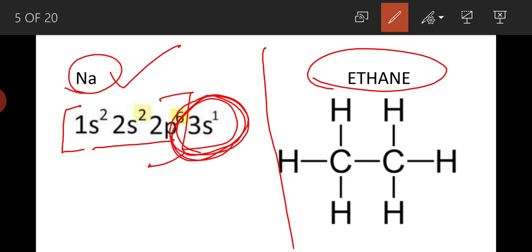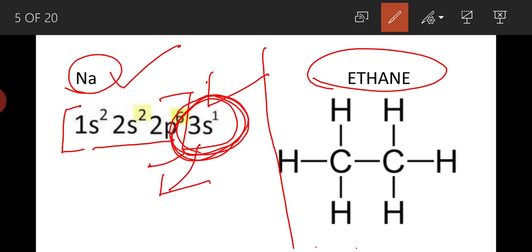If we are able to move this free electron in sodium metal, then current will pass in sodium metal. Hence sodium is a good conductor of electricity because it contains a free electron. It can move freely wherever we move it.